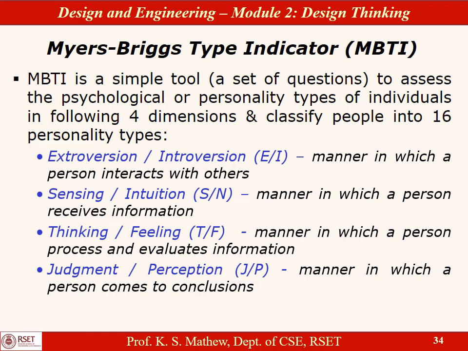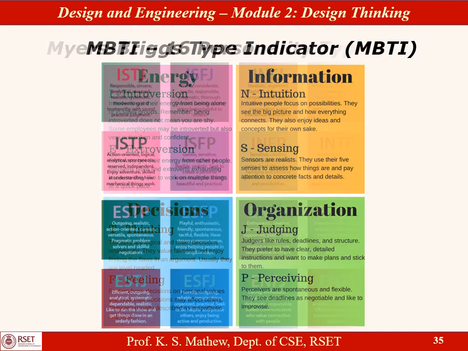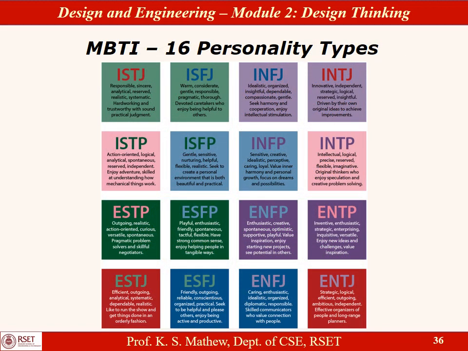So these are the 4 dimensions based on which the MBTI test classifies people into 16 different personalities. So this is a summary of what I discussed, 4 dimensions. And the 16 personality types will be like this. Each letter: the first letter is E or I, the second letter is S or N, the third letter is T or F, the fourth letter is J or P. Based on that, there will be 16 combinations.